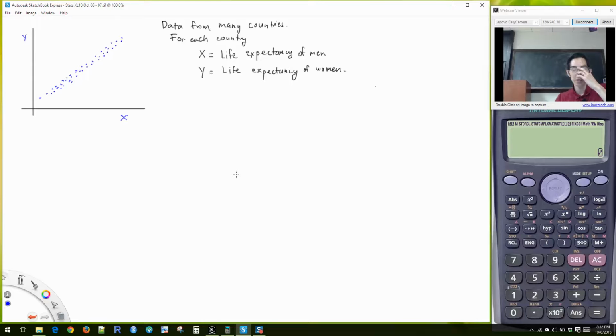Okay? So you're going to see a very strong relationship, and we will say probably r is something like 0.98, something very close to 1, but not quite. Okay, so strong relationship. So if you know the life expectancy of men, you can get a very good idea of the life expectancy for women.